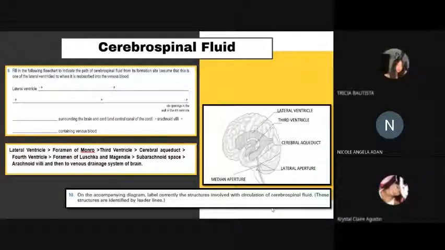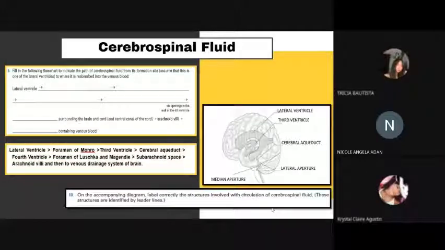For cerebrospinal fluid, number 9, fill in the flow chart to indicate the path of cerebrospinal fluid from its formation site. Assume that this is one of the lateral ventricles, to where it is reabsorbed into the venous blood.